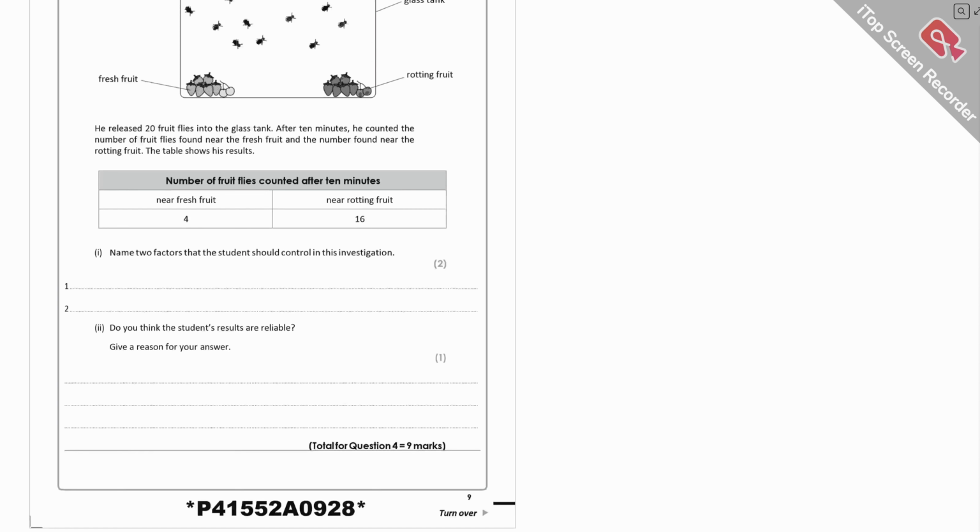Right, what two factors should the student control? Right, the amount of fruit, the mass, or the type of fruit, both rotten and not rotten.